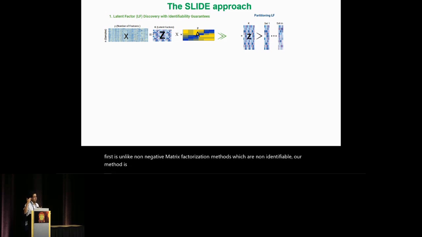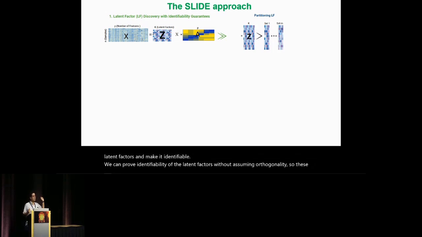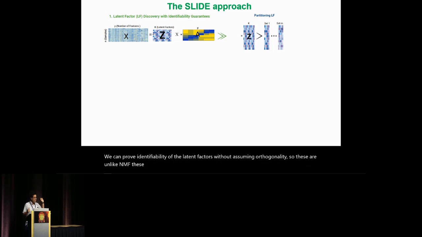There are methods like principal component regression, which make very restrictive assumptions like orthogonality of the latent factors to make it identifiable. We can prove identifiability of the latent factors without assuming orthogonality. So unlike NMF, these are identifiable in parameter space, unique latent factors that we get.